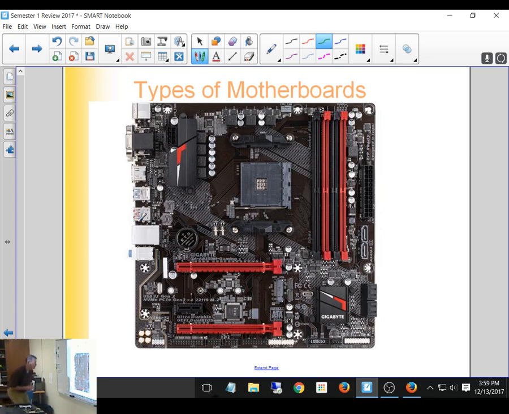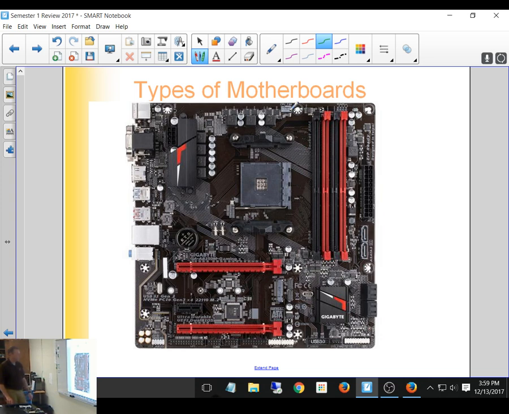So when we look at motherboards, we know that this is an ATX motherboard by the overall layout. We also should be able to know right away what kind of CPU we're looking at or what kind of CPU manufacturer we're looking at. We should be able to tell how many kinds of memory. I can't tell just from looking at this whether it's DDR3 or DDR4, but I can make a pretty good guess that it's dual channel RAM by the different colors.